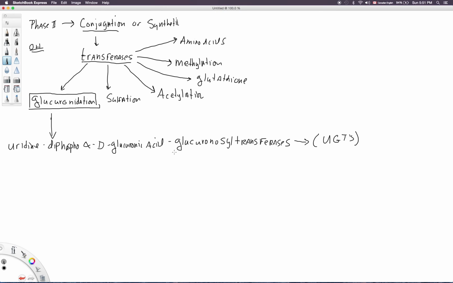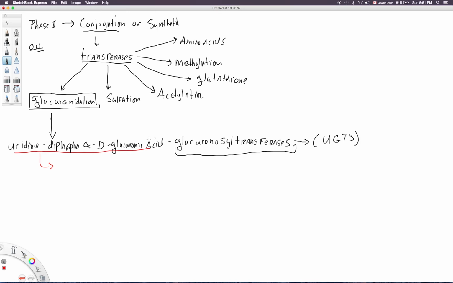So these are the actual enzymes here, and then this word here in front, what does this mean? Well, this is a cofactor, if you will, that is required. These enzymes, just like many of the other enzyme systems, require additional molecules that help them work.